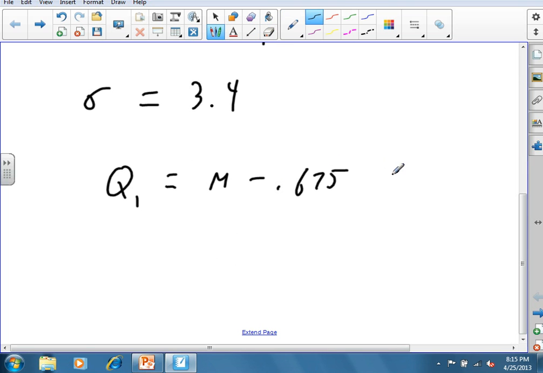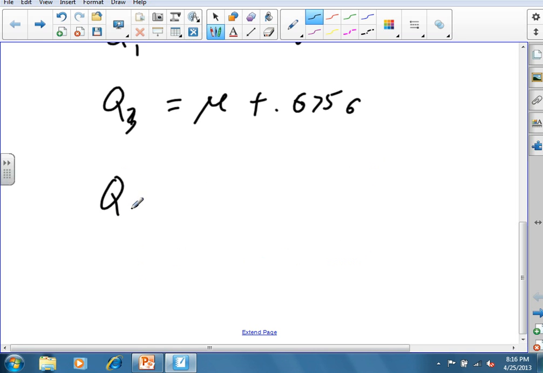Good thing you guys are here, otherwise I'd forget these things. And the third quartile is the mean plus 0.675 of the standard deviation.